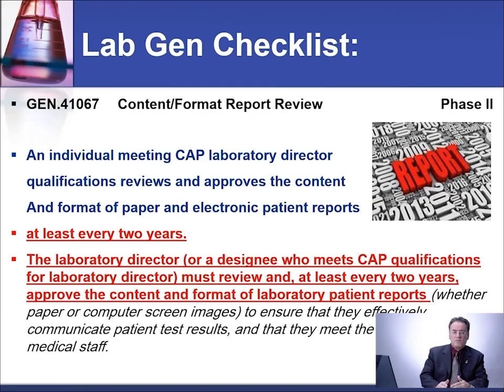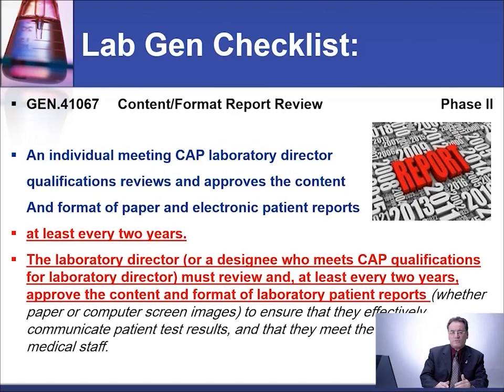It could be one test by itself individually, or a group of tests like thyroid profile, lipid profile, CBC, PT, PTT, fibrinogen. Yeah. Okay, it could be a profile, it could be individually listed. But you need to include all of your tests that you report patient results on.